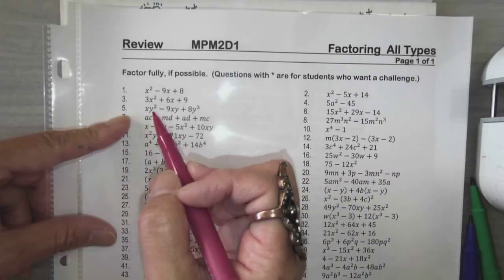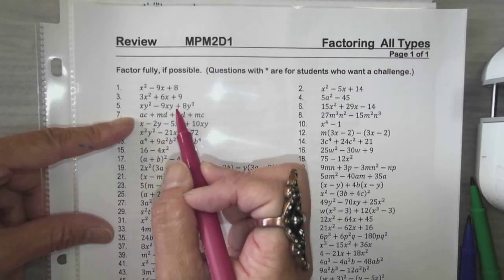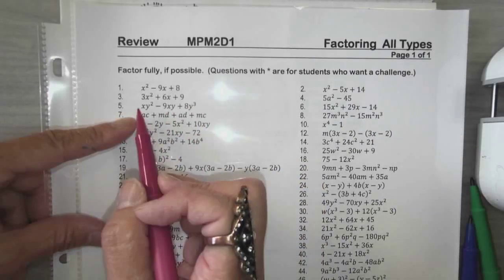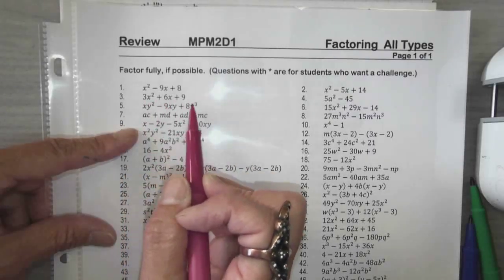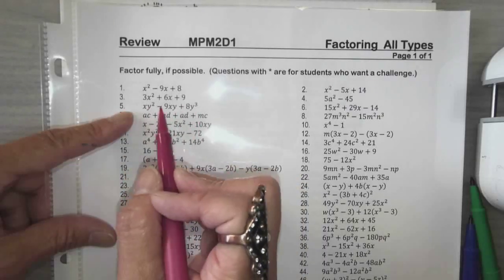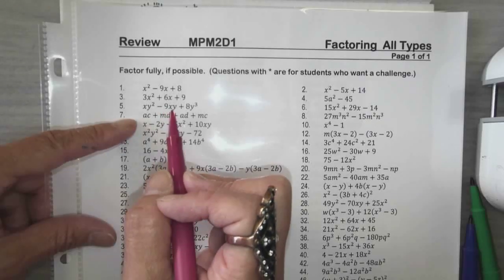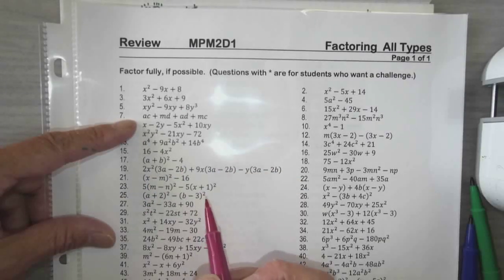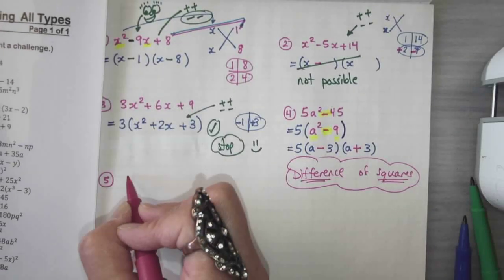Now, when we come back here, we go number 5. 5 has got xy squared minus 9xy plus 8y cubed. Right away between all, how many terms? 1, 2, 3 terms. Between the 3 terms, I can see an x, no. Oh, there's a y. There's one y there. There's a y there. I can take out a common factor of y.